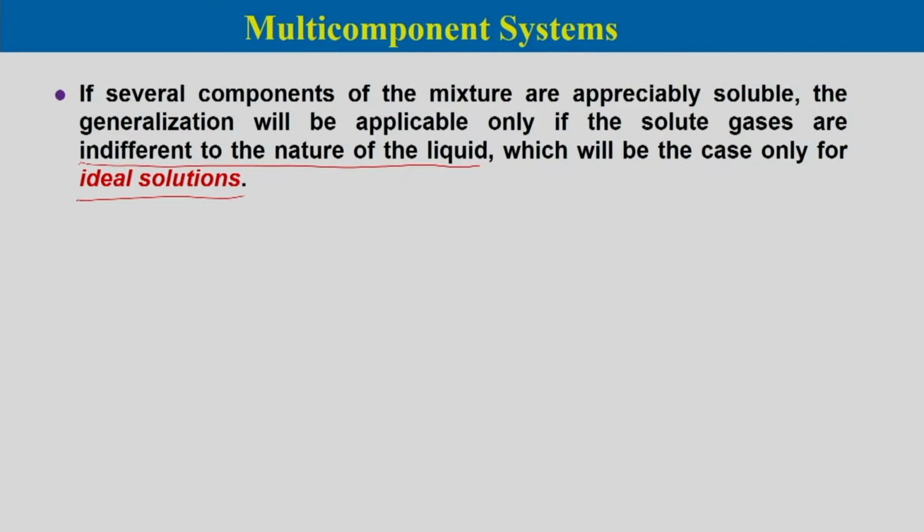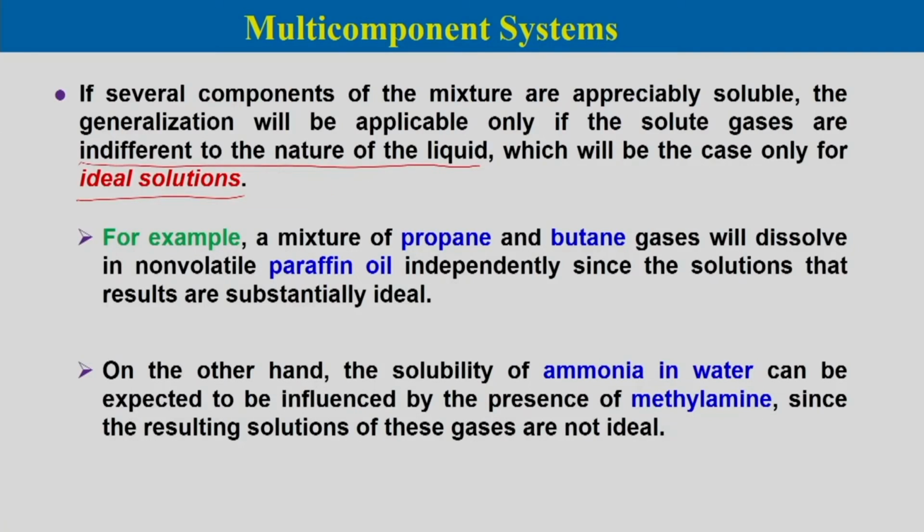So, although you have multiple components A, B, C and all of them are appreciably soluble in the liquid phase, if they form an ideal solution, then the solubility of one component will not be influenced by the other component. For example, a mixture of propane and butane gases will dissolve in non-volatile paraffin oil independently, since the resulting solution is substantially ideal.